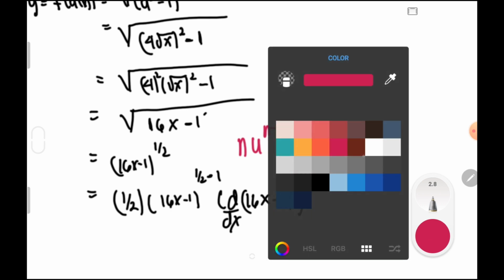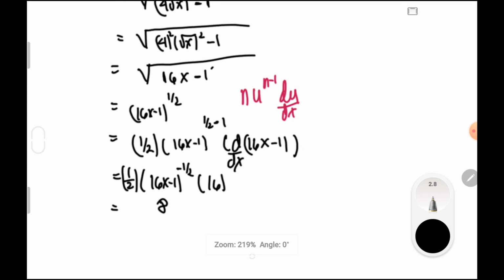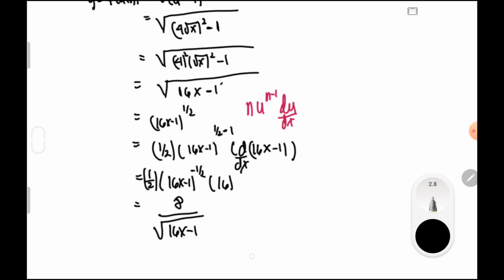So from this we'll have a value equal to 1 half multiplied by 16x minus 1 raised to negative 1 half, multiplied by 16, or it is equal to 8 divided by the square root of 16x minus 1.